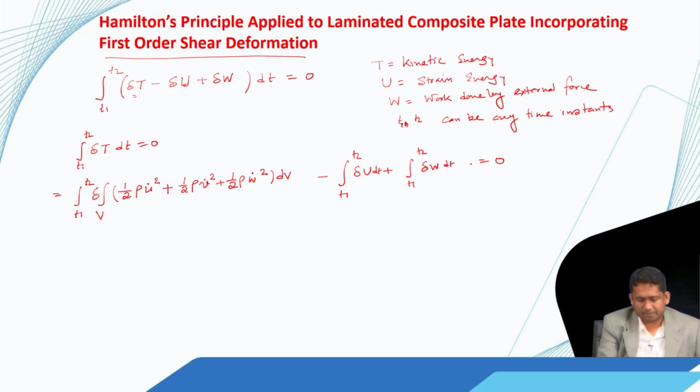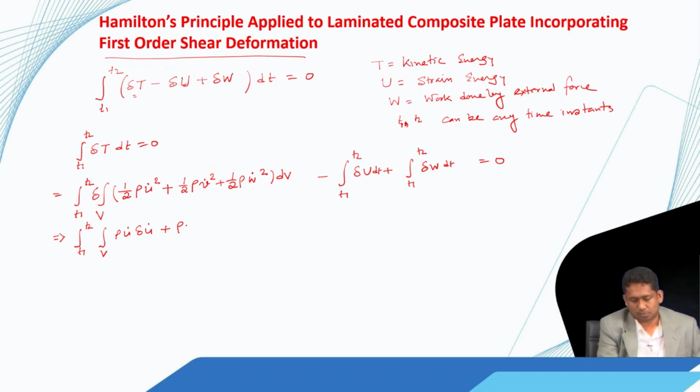Now, if I take this variation inside, then the integral from T1 to T2, then we have V. If I take this delta inside, we know from the property of the variational operator that delta of half rho U dot square is equal to rho U dot into delta of U dot.